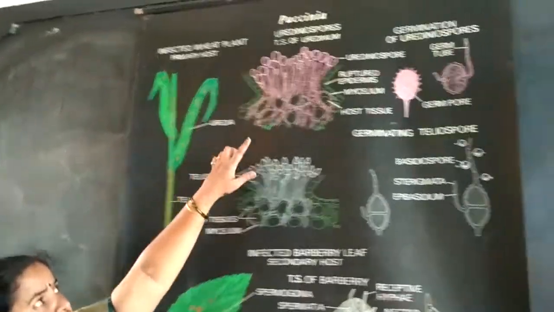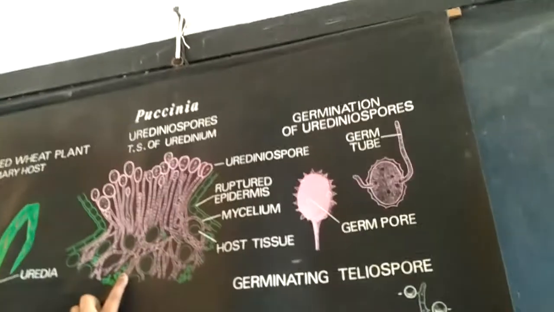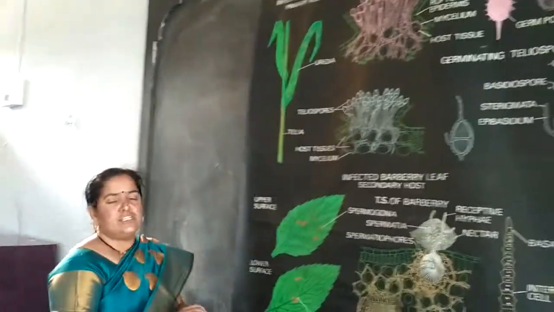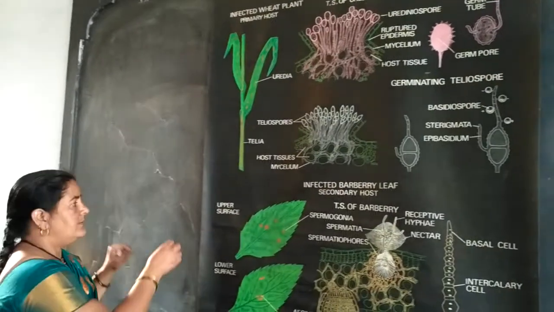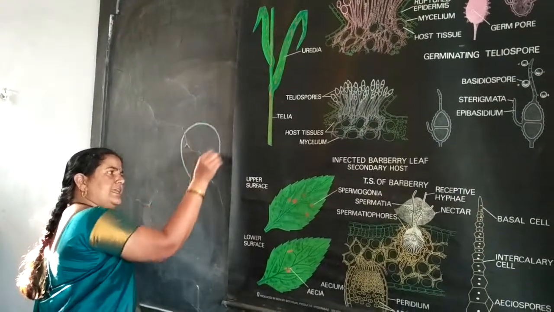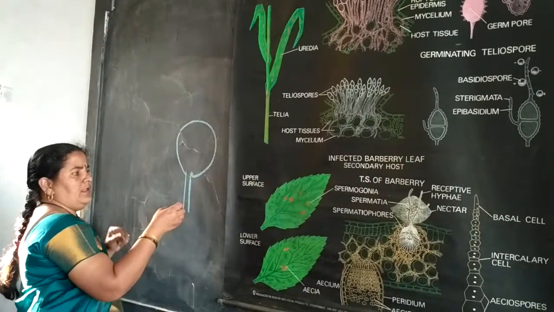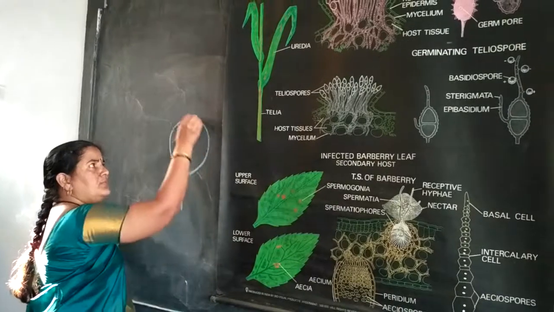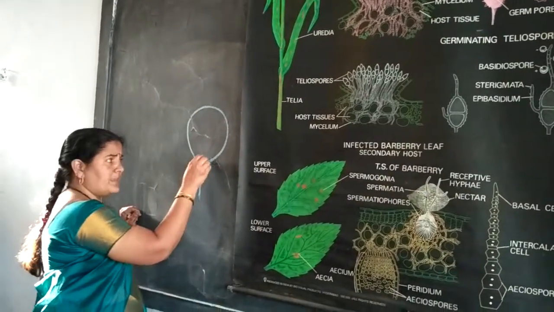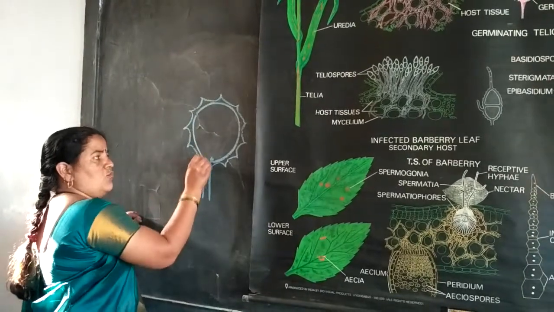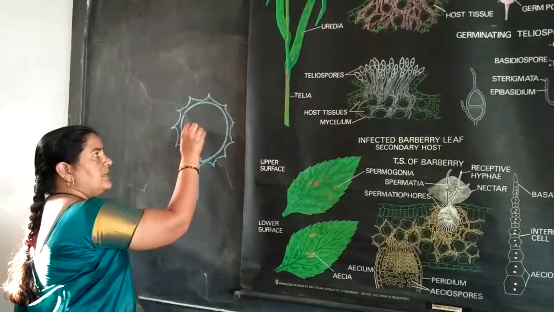In the uredial stage, the urediospores are produced. These urediospores are orange in color, unicellular, binucleated spores. They appear as a bracket-shaped structure. The head of the spore is spherical. It is composed of a cell wall and inner cellular content.